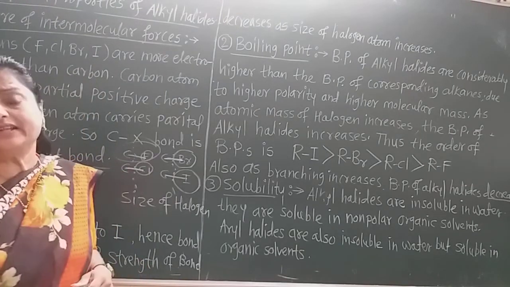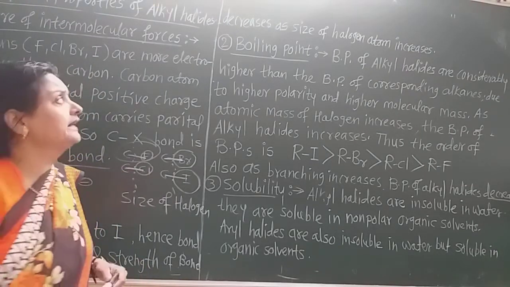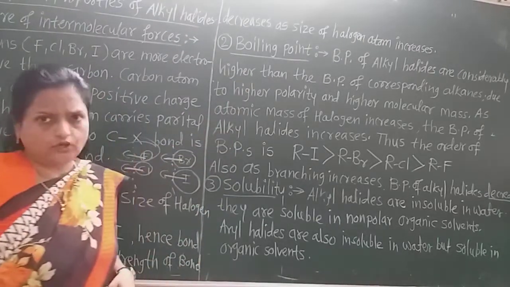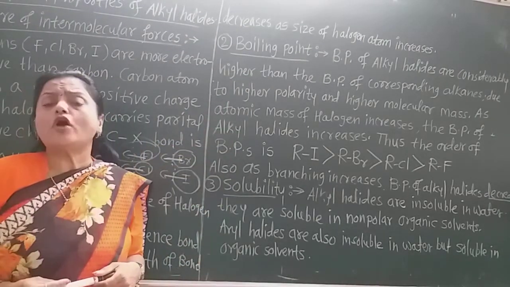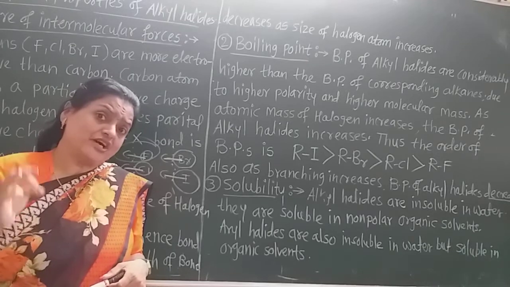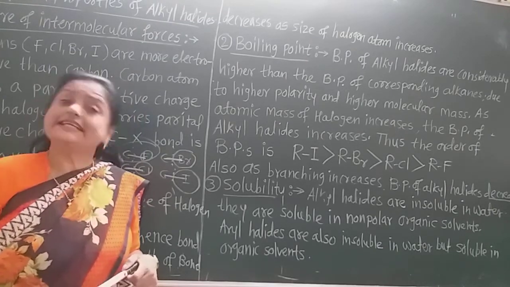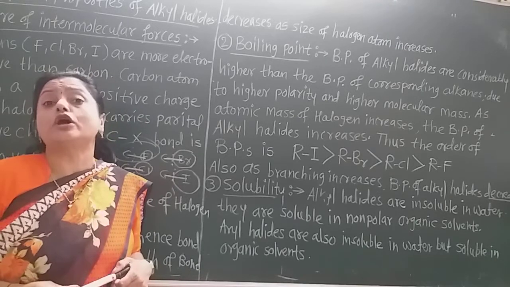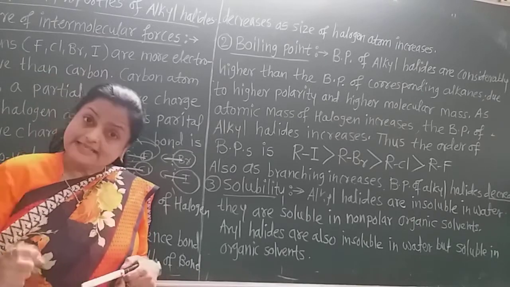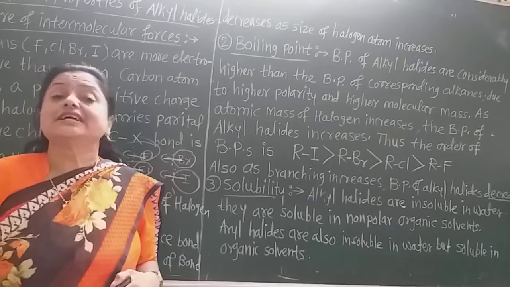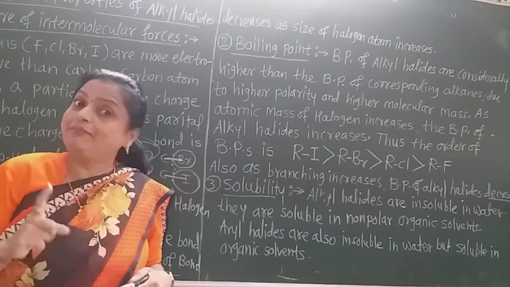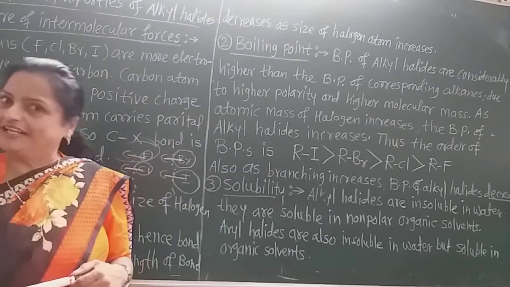Now the next physical property is the boiling point. Very simple: what is boiling point? We learned in 11th science, in chemical equilibrium, the definition of boiling point. It is the temperature at which the vapor pressure of the liquid becomes equal to the atmospheric pressure.